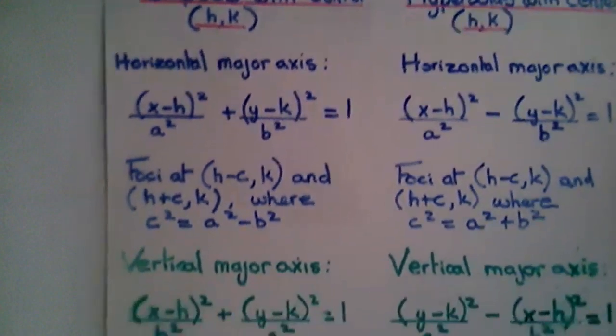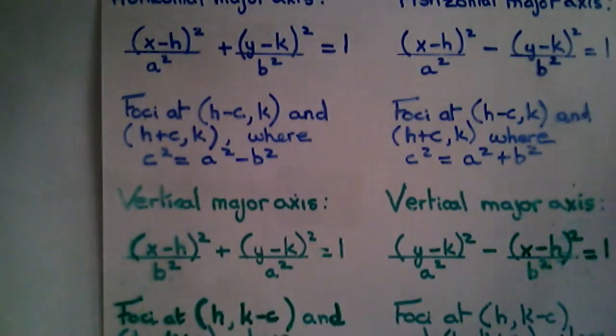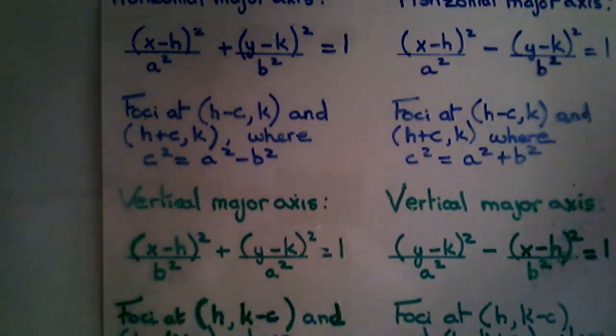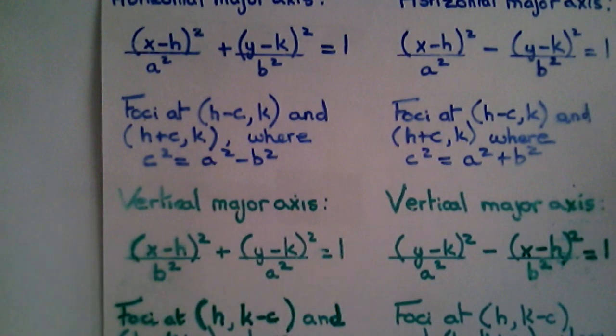And then this changes when we look at the vertical axis. So here, for the vertical axis, we are going to have b squared under the x and a squared under the y.